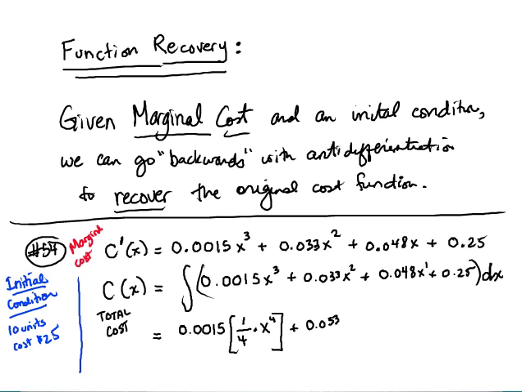This is going to be 1 over 3 times x to the 3rd, plus, all right, what are we going to do here? 1 over 2 times x to the 2nd power.